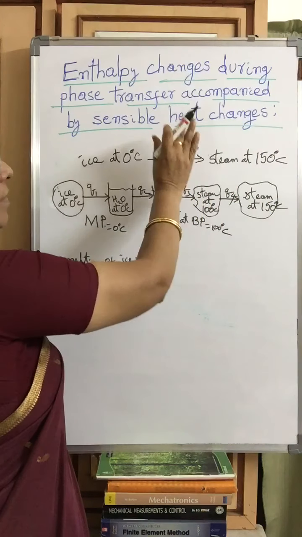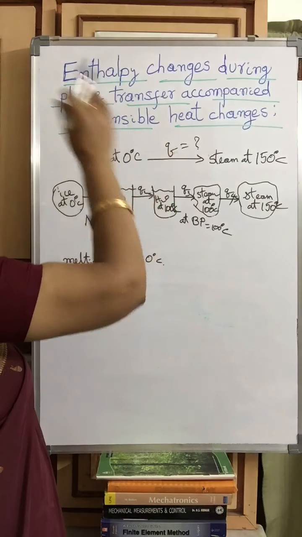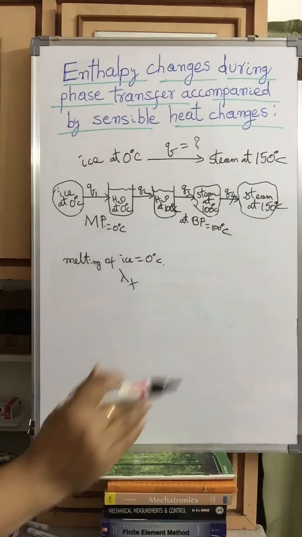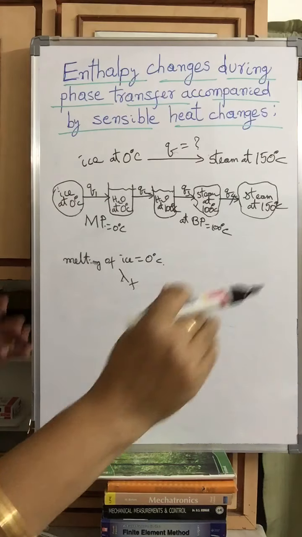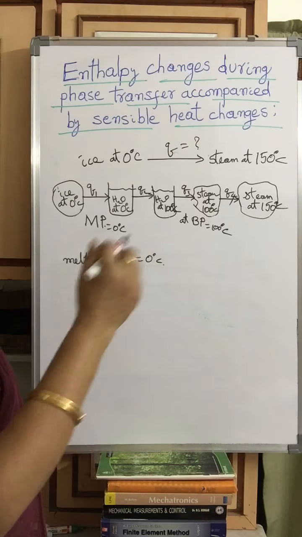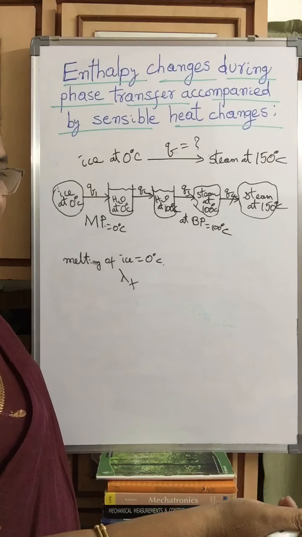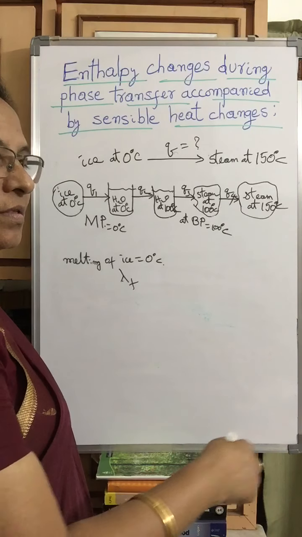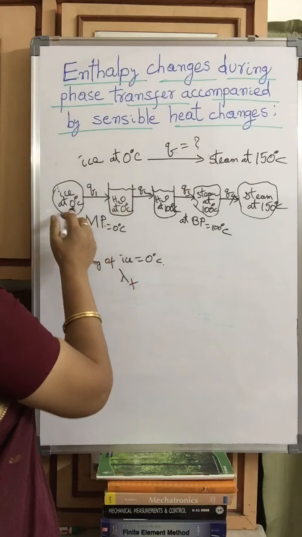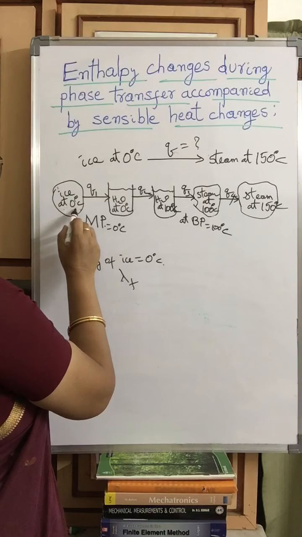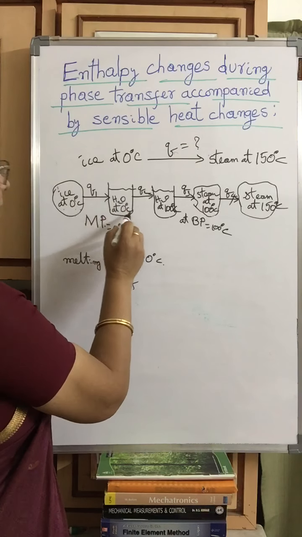What is the total amount of heat to be supplied? We cannot calculate in a single stage. We need to divide into different stages, with phase change, without phase change, that is sensible heat calculations and latent heat calculations. So first you take ice at 0, convert to water at 0.